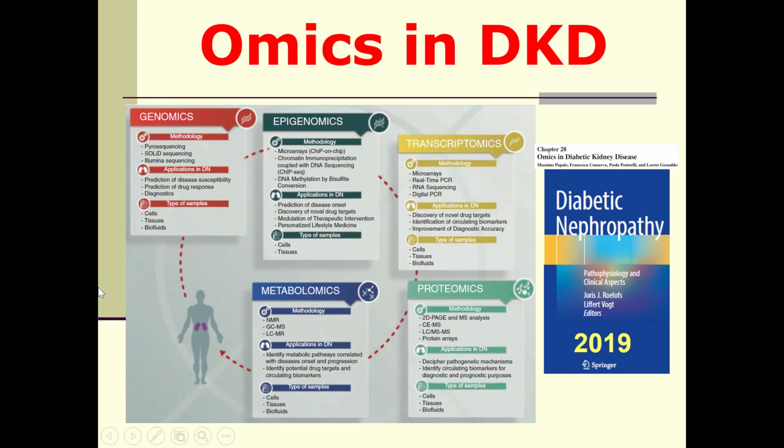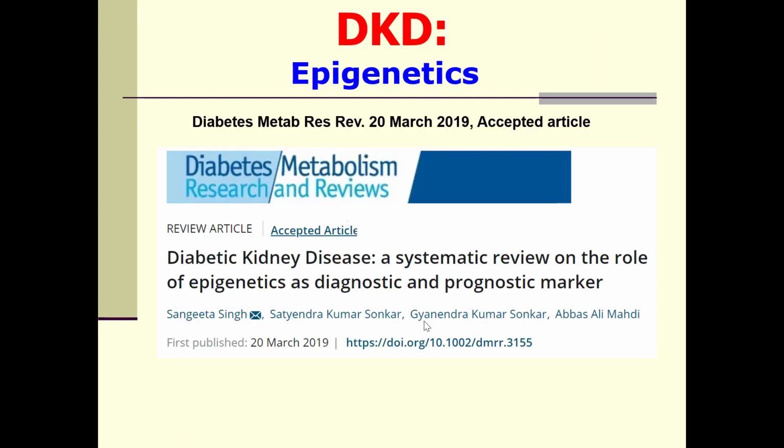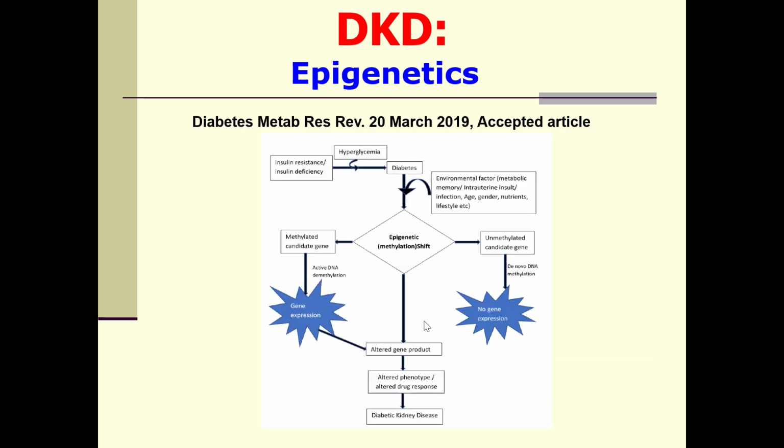For omics, we have genomics, epigenomics, metabolomics, transcriptomics, and proteomics. I don't know. Maybe in the future they may be the only solution. And this is the data about epigenetics. There is an increasing trend toward the use of epigenetics, either for diagnostic purposes or for management of diabetes.